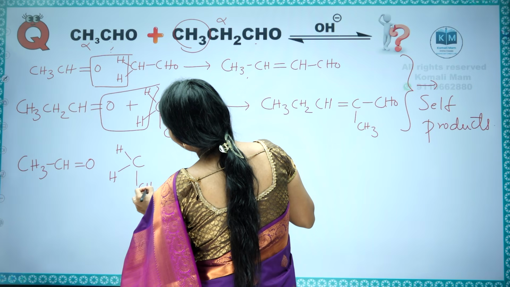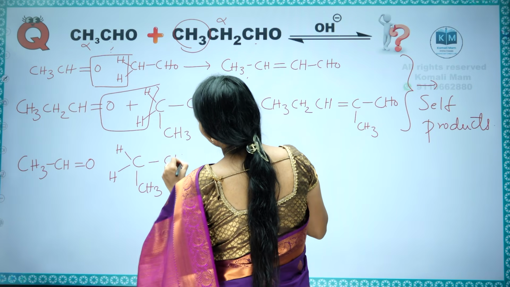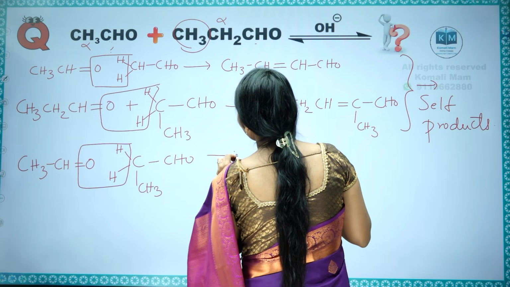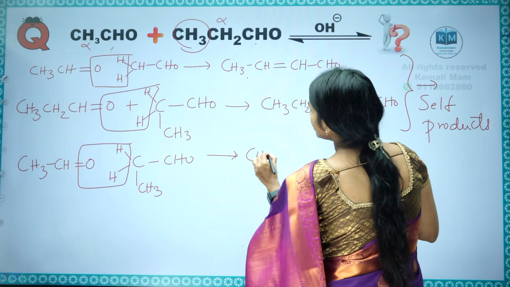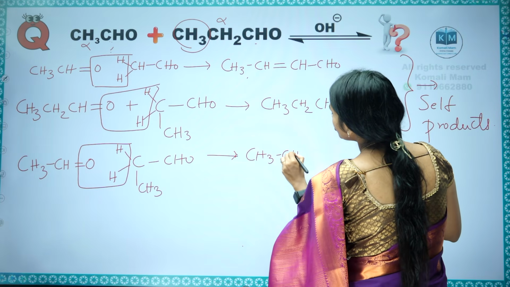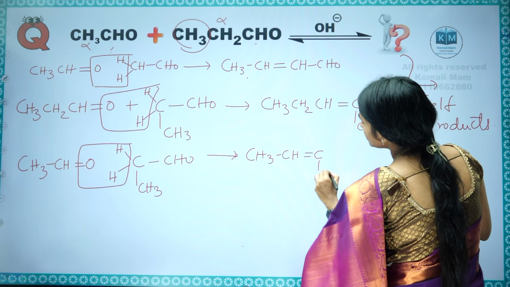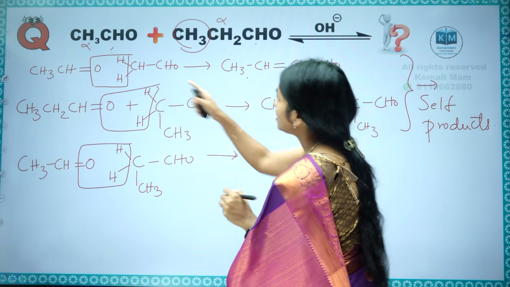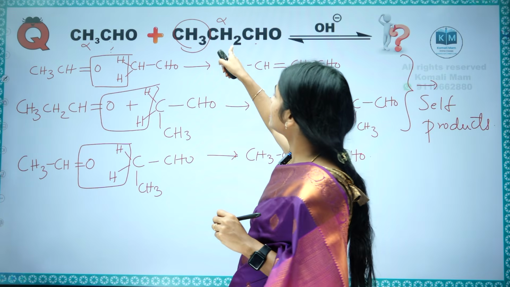Don't remove from beta hydrogens, you will get the wrong answer. So oxygen and two hydrogens. So what will you get? Tell me. CH3, CH, double bond C, CH3, CHO. Very good. So from this oxygen I removed, from this the hydrogens I removed.